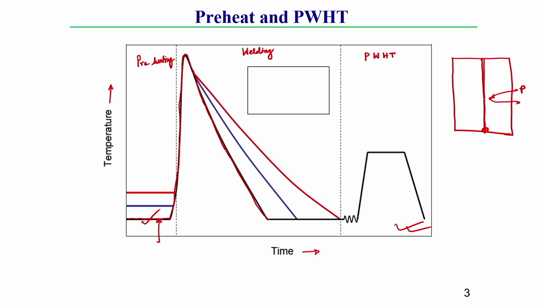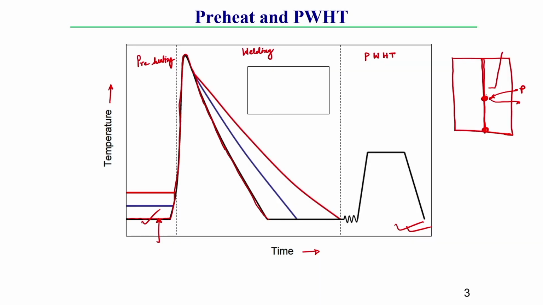After that, once the weld torch moves to this location, due to conduction the temperature at this location rises very rapidly.